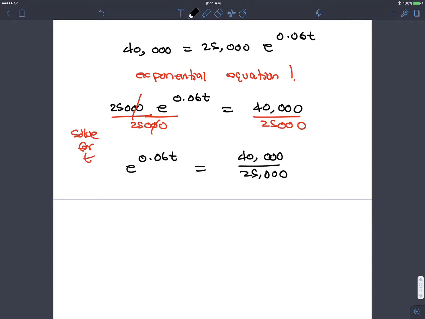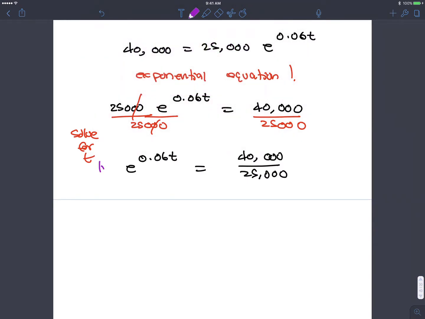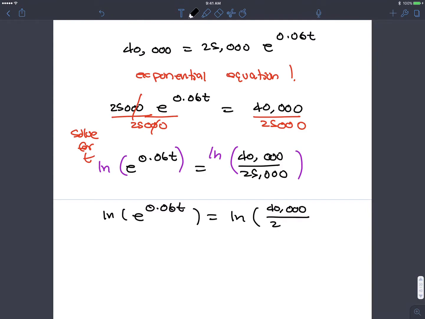We're going to take the natural log of both sides. So natural log of the left equals the natural log on the right. So here's what we get. Natural log of e to the 0.06t becomes natural log of 40,000 over 25,000.